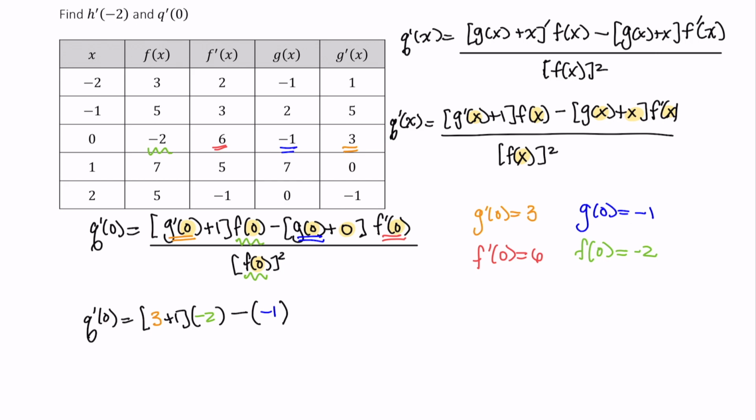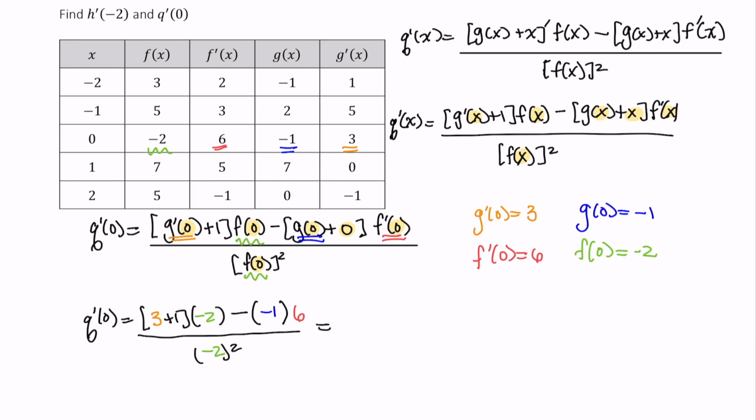That tangent aside, we're going to multiply this negative 1 by the value of the derivative of f of 0, so that is 6. Then we're dividing by f of 0 quantity squared, so negative 2 quantity squared.